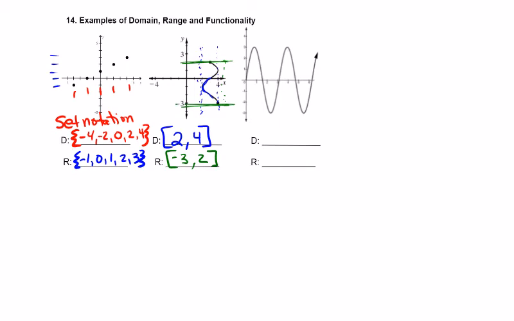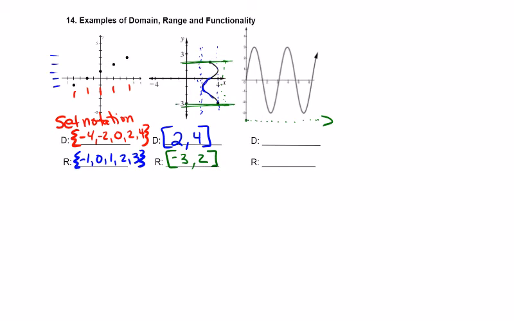Now, our last example that's posted here, we're going to look at domain and range again. So the domain seems to be starting at 0, and you see how there's an arrow on the side? That means it's going to continue going on forever. But what happens here? Well, this is an endpoint, which means we don't necessarily know if it's including or not including.